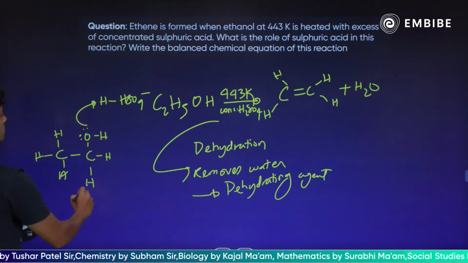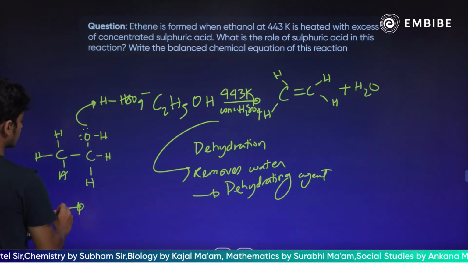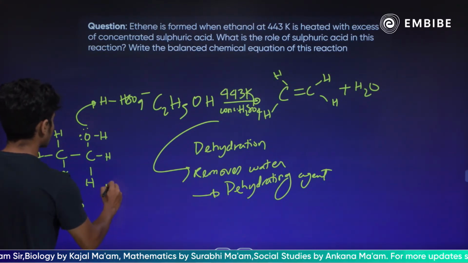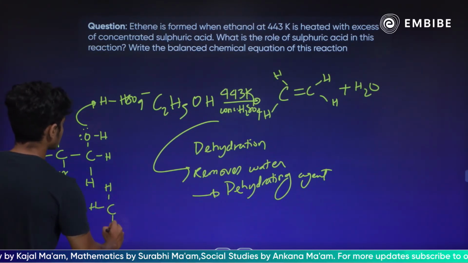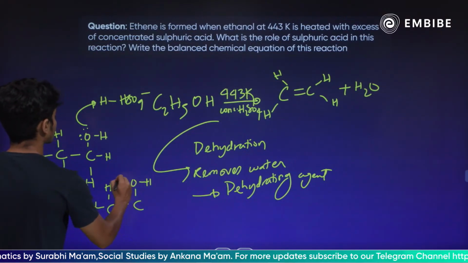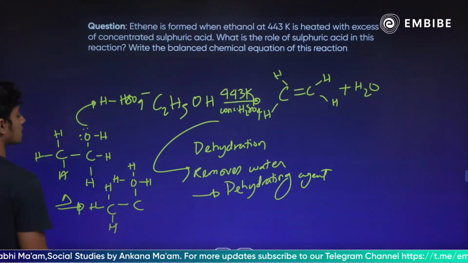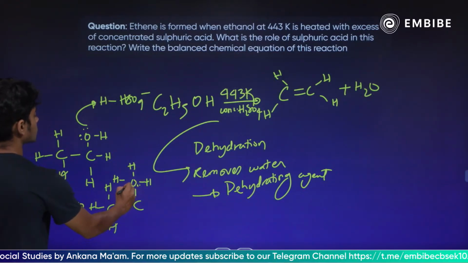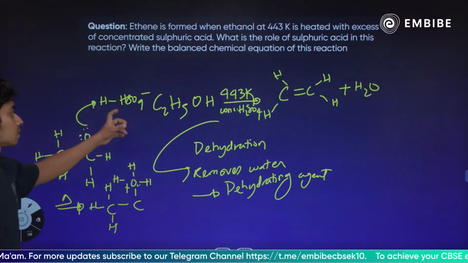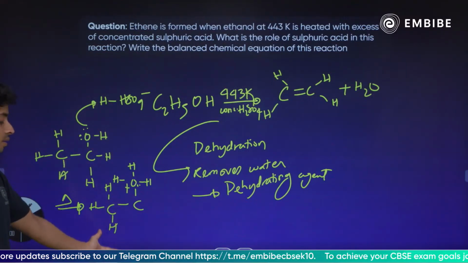This is the first step, and heat is required. You will get a protonated alcohol. The oxygen in the alcohol will have an extra hydrogen, because after the addition of a proton, H plus is added from the sulfuric acid. This is a protonated alcohol.